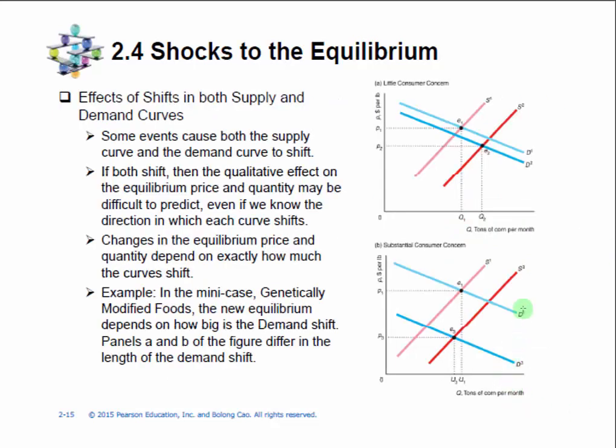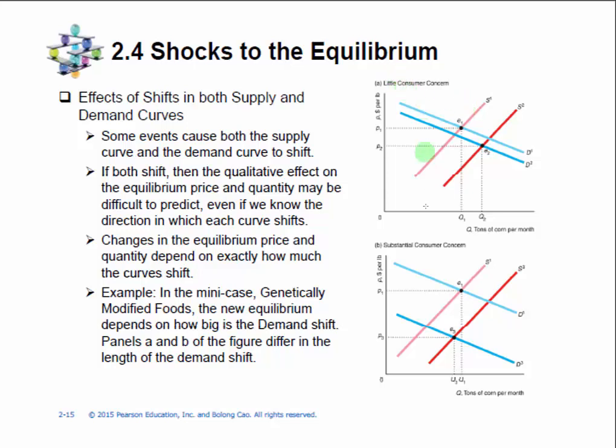So we have seen the shift of one curve, right? One supply or demand curve shifts its position. What if both curves shift? Both curves change their positions, and in this picture, what we see is basically the demand curve declines a little bit, shifted to the left a bit, and the supply curve also shifts to the left, but in a much larger magnitude.